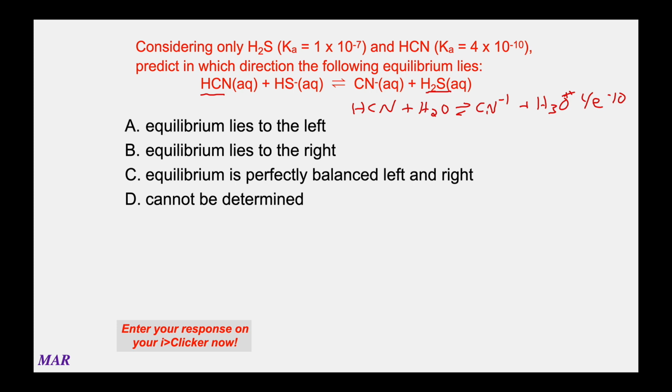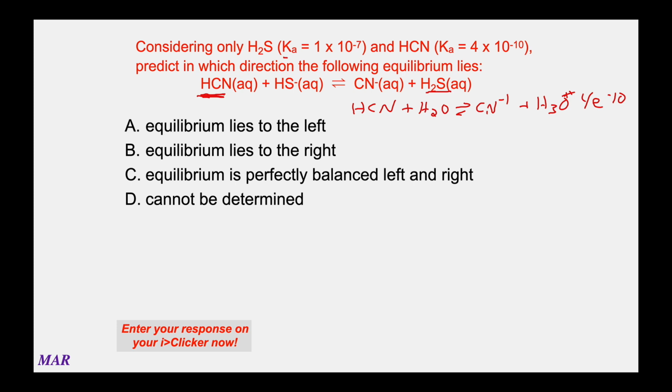I can't write on this thing very well, so sorry, it's pretty cheesy, but hopefully you get the idea. I'm doing that because HCN is a reactant, and I want HCN as a reactant if it's a Ka, so this is really good. However, H2S, we want it as a product, all right? And H2S is not normally a product in a Ka. So I need to reverse the Ka expression for H2S.